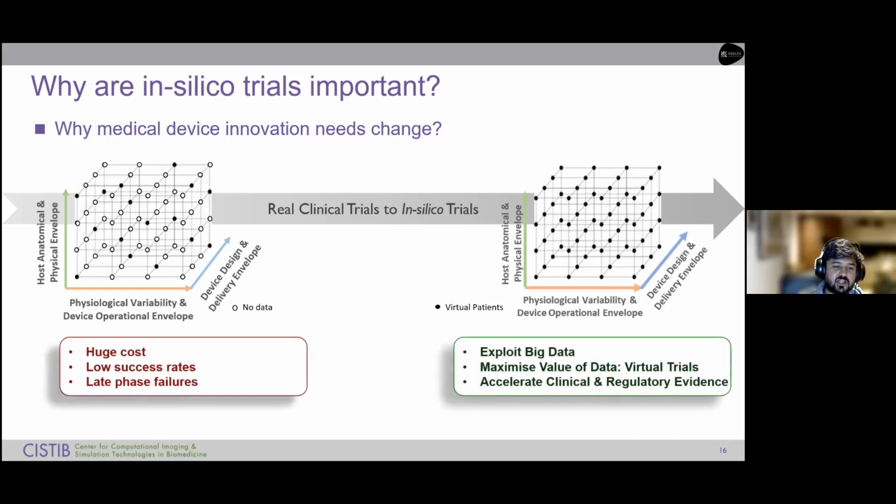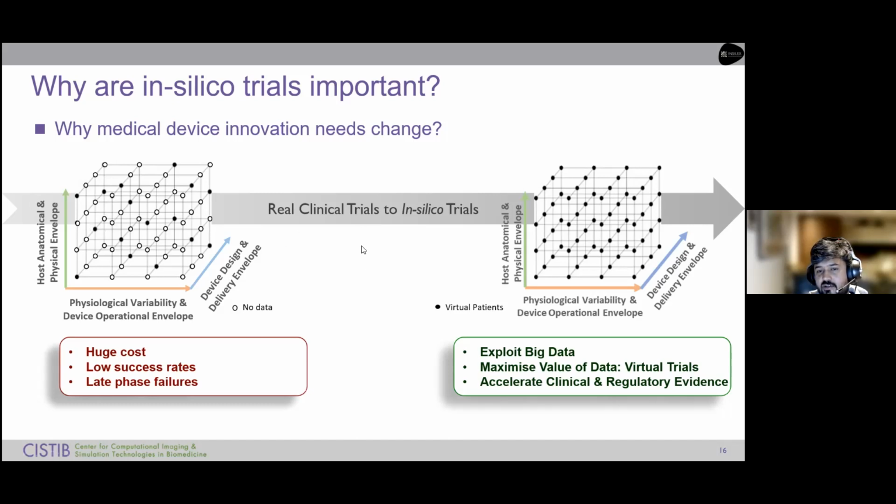So what this would allow is, to reiterate, a reduction in the number of late phase failures that medical devices undergo, and reduce the amount of cost that it takes to get a medical device to market.